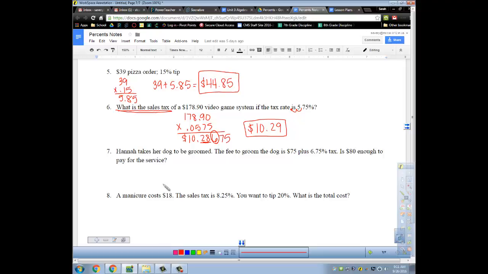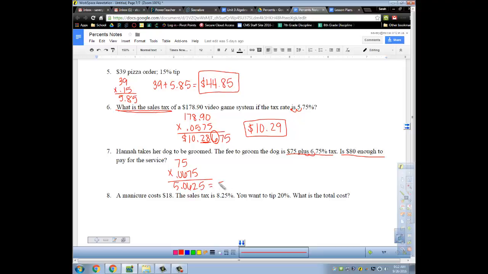Hannah takes her dog to be groomed. The fee to groom the dog is $75 plus tax. I would like to know, is $80 enough to pay for the service? So 75 times, we're going to move that decimal over twice to get 0.0675. And that's going to give me 5.0625.